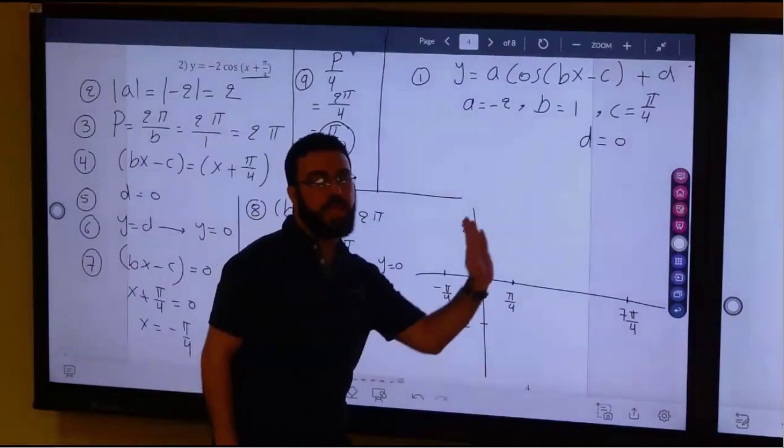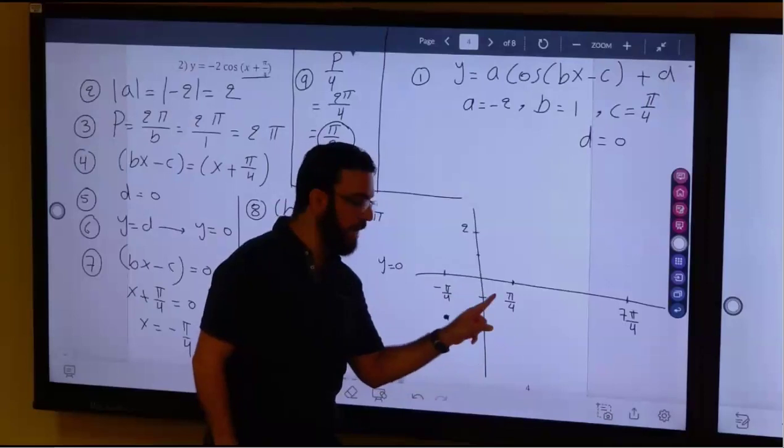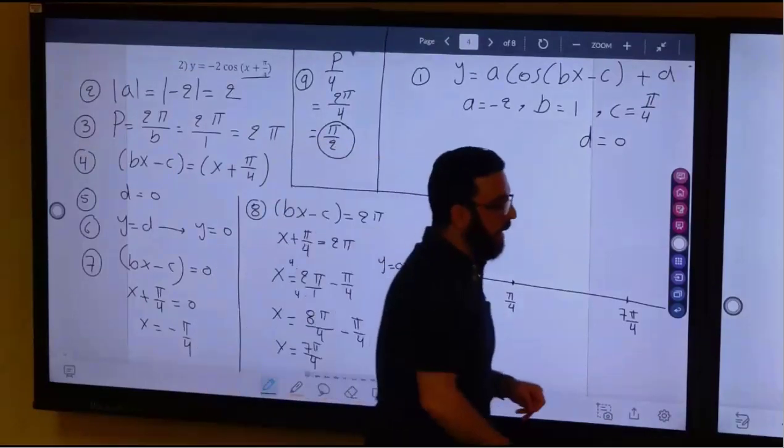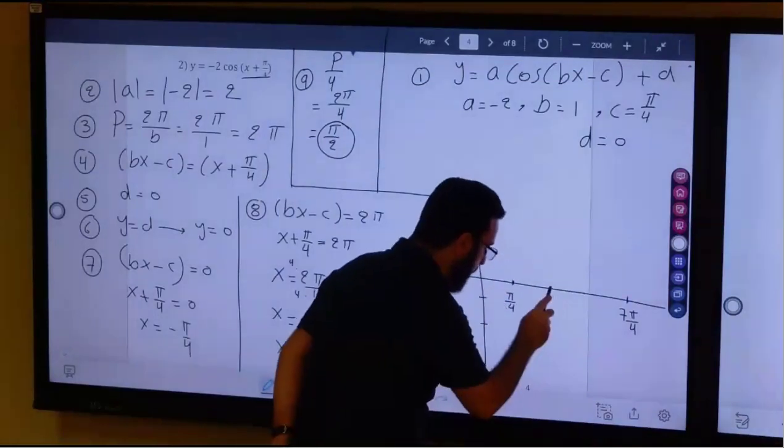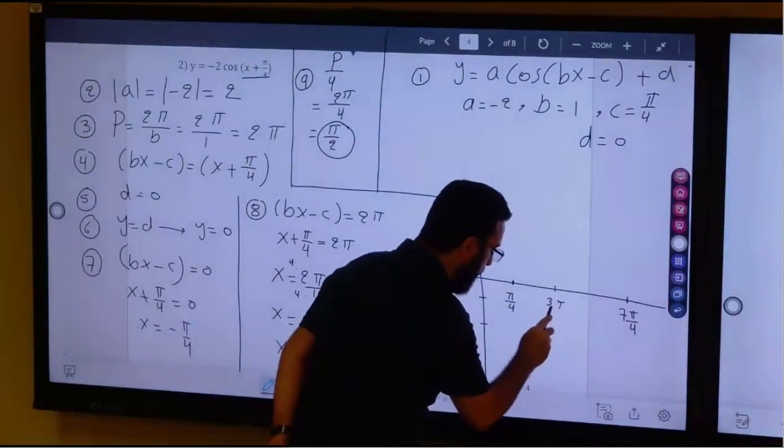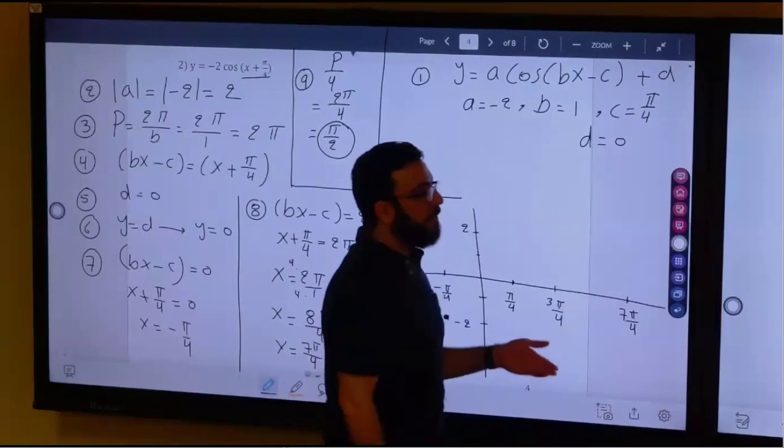If I need to find the other point, how much am I going to add? You're going to add the scale, which is pi over 2, and do the same thing. Multiply by 2: pi over 4 plus 2 pi over 4, and then it's going to be 3 pi over 4. So the next point is 3 pi over 4. Now, how am I going to find the next one?